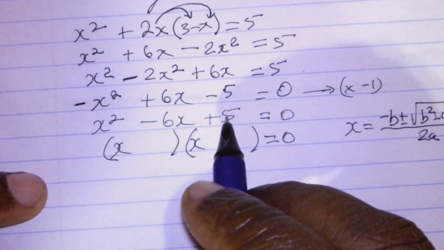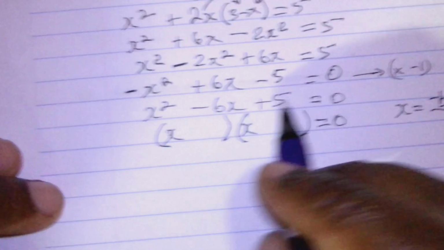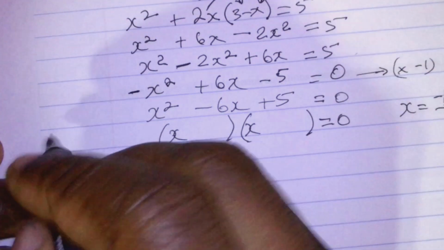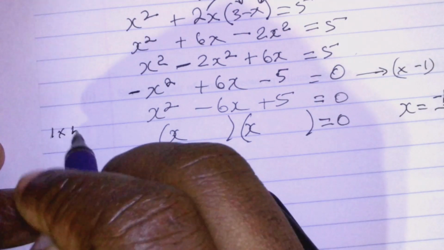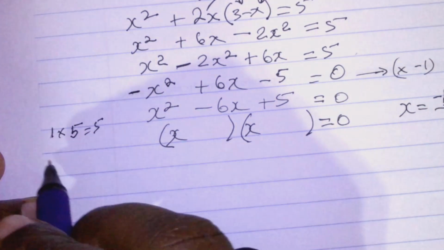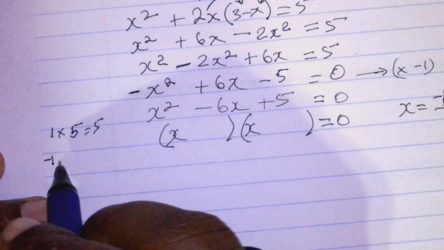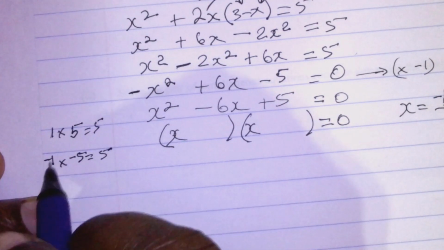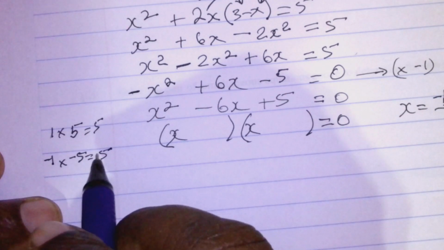But we have other factors of 5 besides 1 and 5. We know that 1 times 5 will give us 5. But did you know that negative 1 multiplied by negative 5 also gives you 5? Because negative times negative is positive.